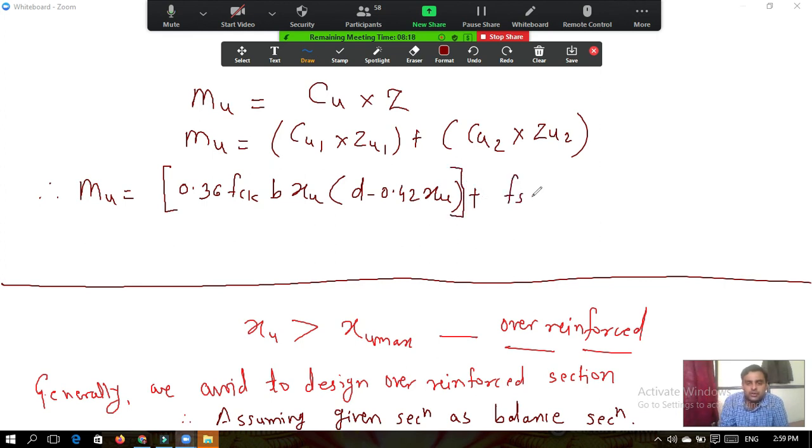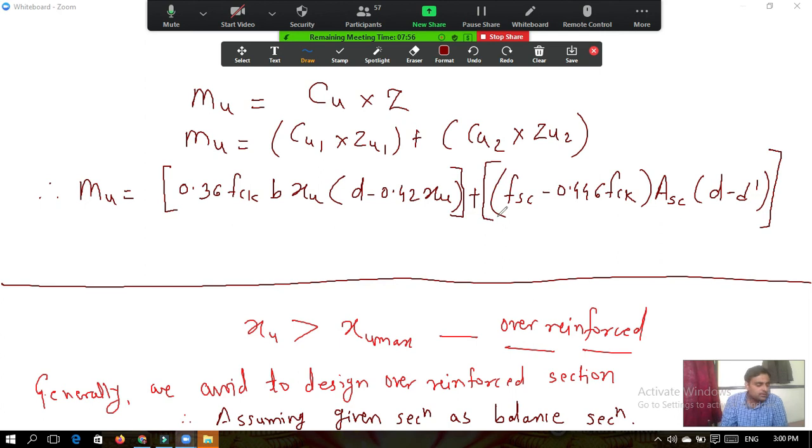It is FSC minus 0.446 FCK, into ASC, into ZU2, which is D minus D dash.